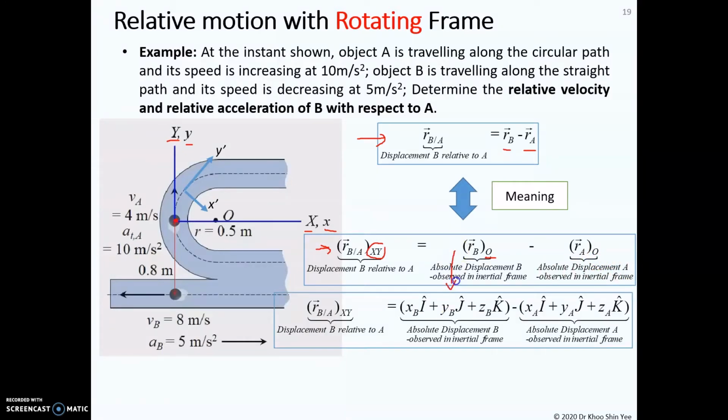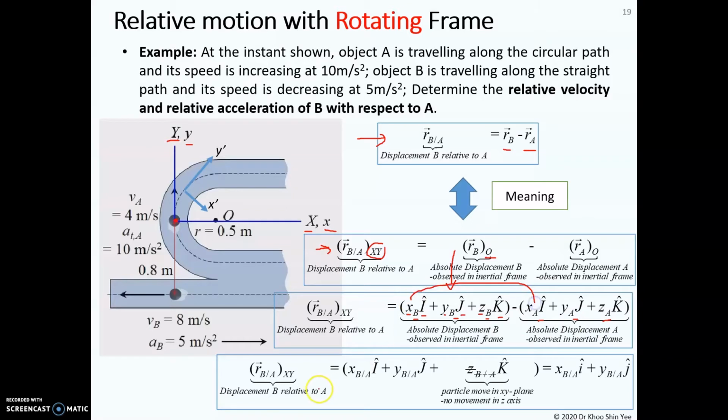Expand it, you obtain capital IJK, indicating the direction for the capital XYZ, and you have the magnitude XYZ for the particle B and particle A here. So XB minus XA gives you XB/A, YB minus YA gives you YB/A. Since the particle moves in the XY plane only, there is no movement in the Z-axis. Therefore, ZB/A is equal to 0.